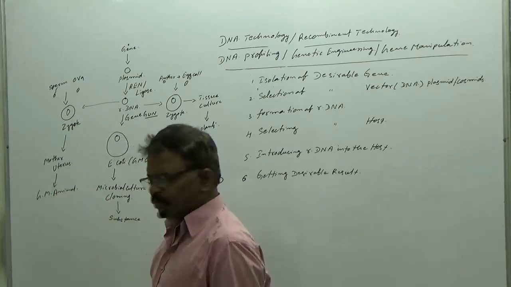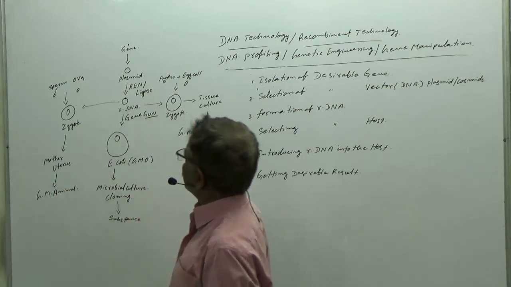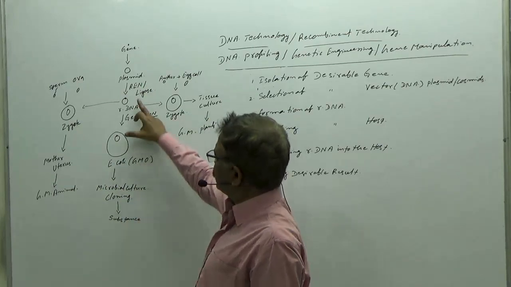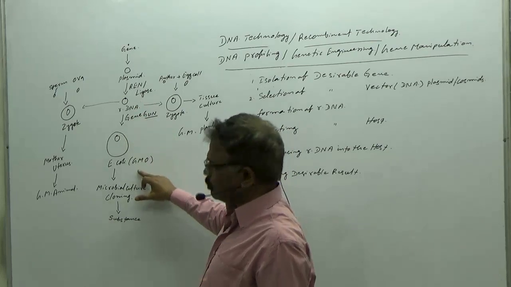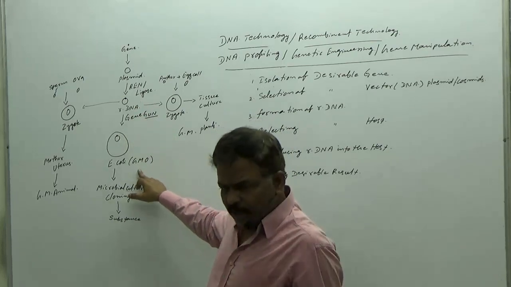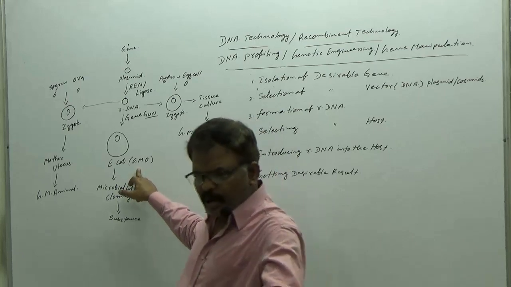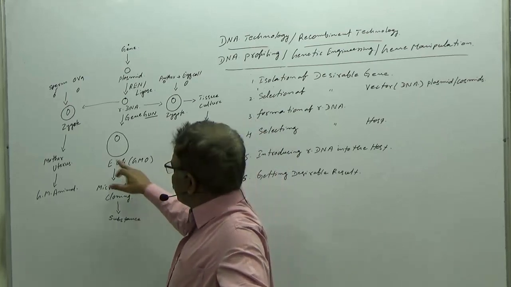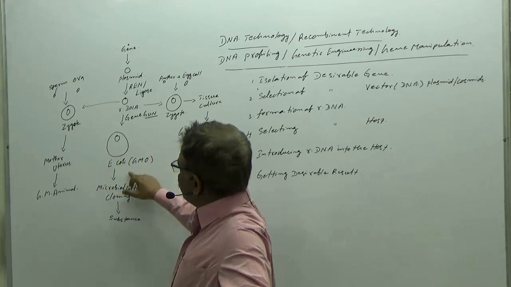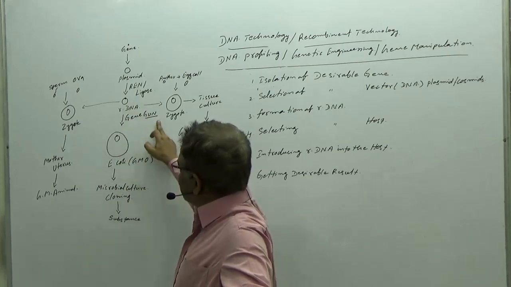Now, if they want to produce any substance, then they insert this rDNA into a microorganism. 99% they use E. coli. Otherwise, even yeast they use. So by selecting the host microorganism, they insert this rDNA by using a gene gun.